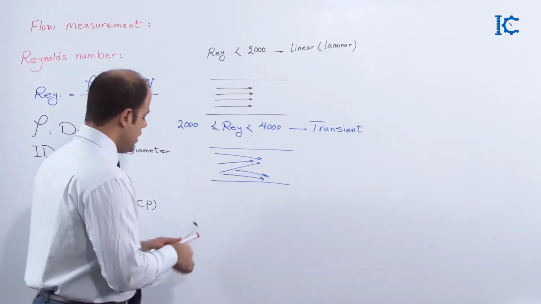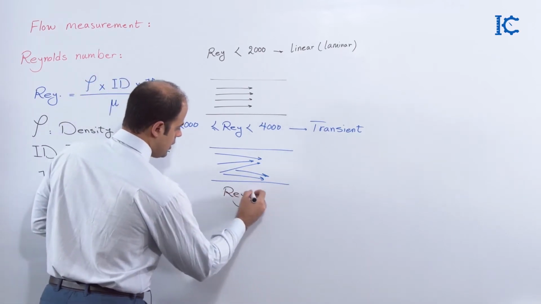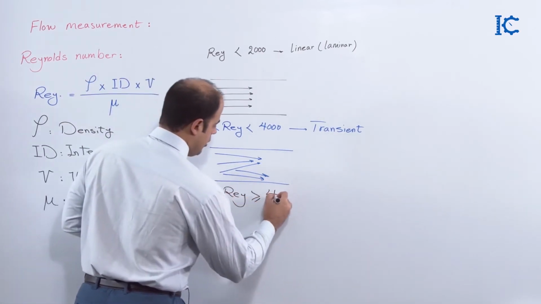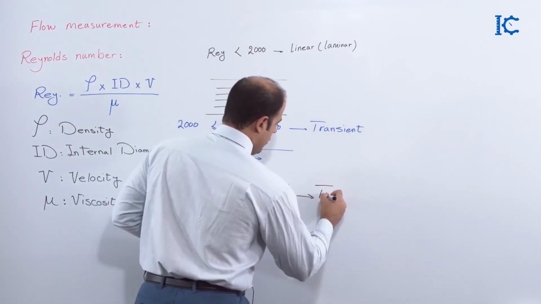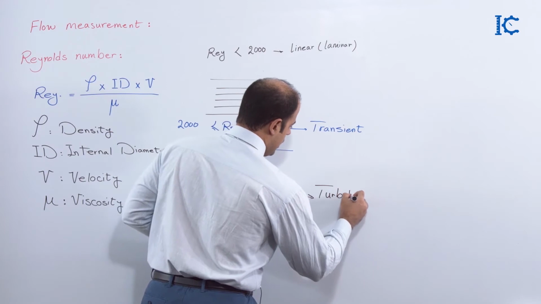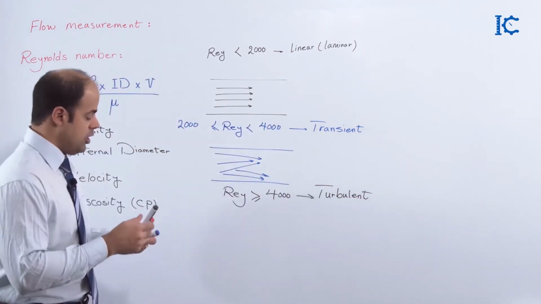And finally, if the Reynolds number is greater than or equal to 4000, your fluid is in a turbulent condition.